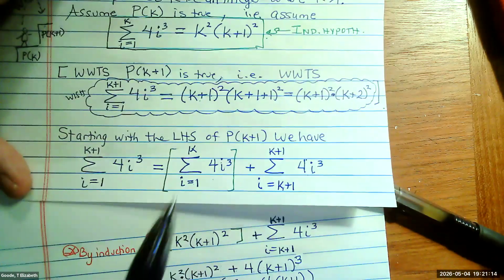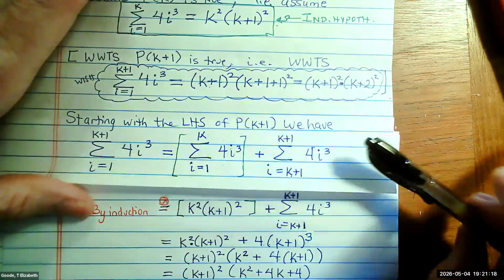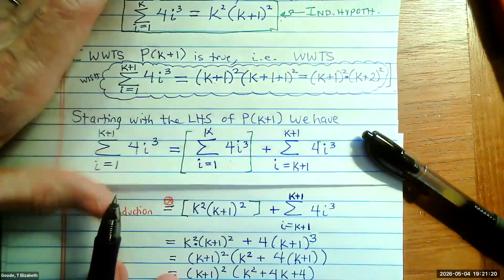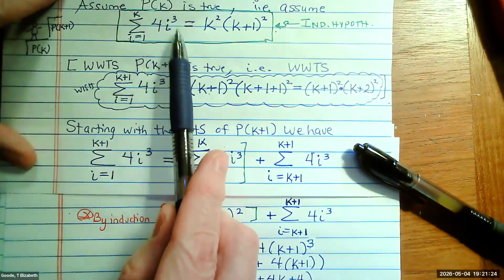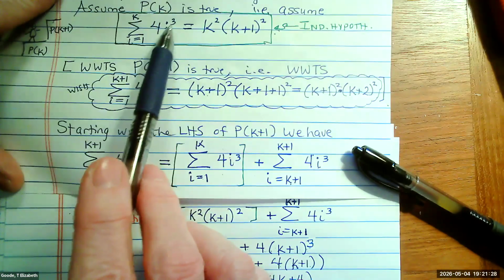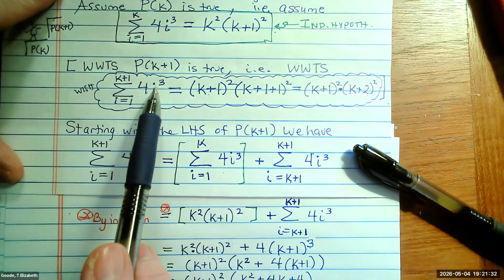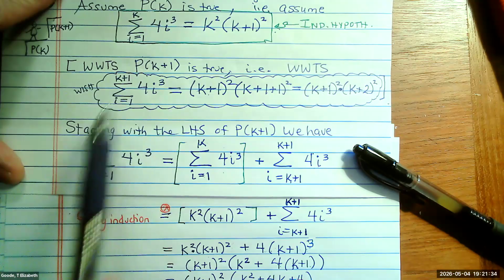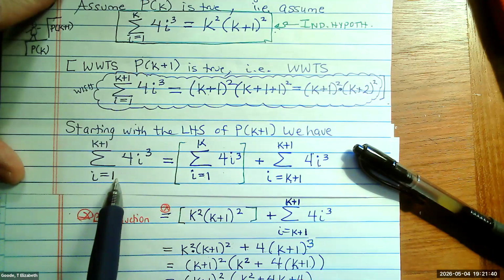You should be able to start with the left-hand side. This doesn't take any algebra. That was just substitution, so nothing deep is going on, but it is an important way to earn a lot of points. Be able to write your correct inductive hypothesis, be able to write your correct wish. If it's a formula, start with the left-hand side of the formula you're trying to prove in your wish.